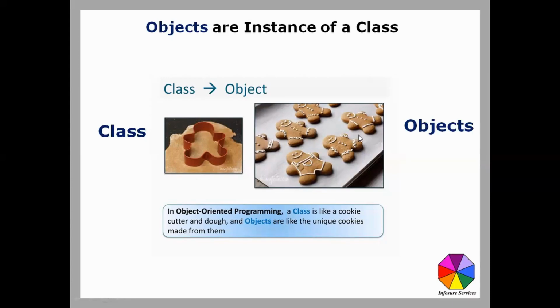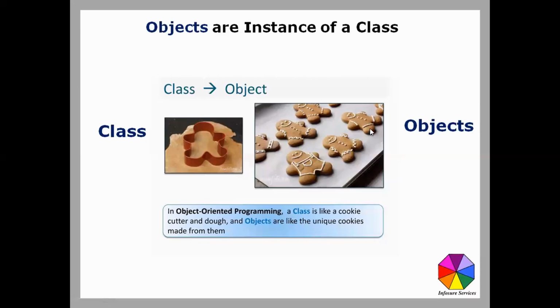Several cookies can come out of this cookie cutter, right? So a class is a template of an object, and the template of that object will have properties and methods. In this case, the profile of the cookie cutter is something similar to the property.